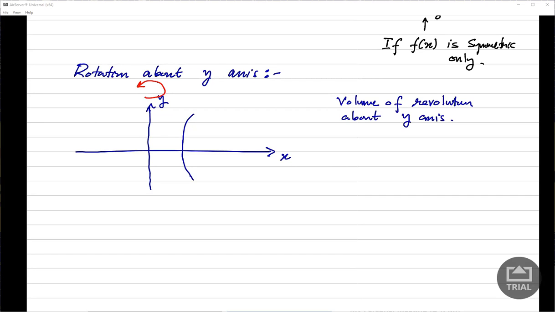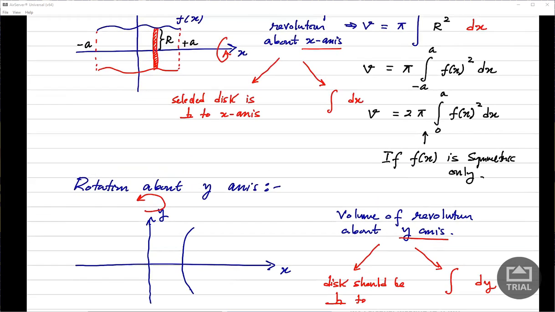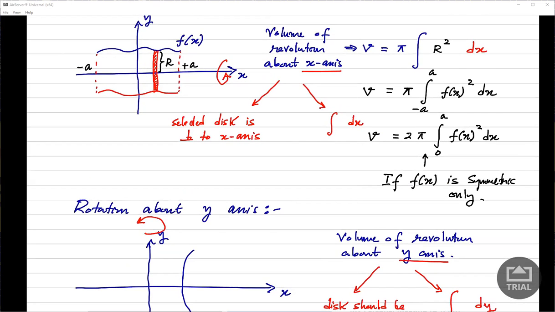Once you have this, pay attention here: y-axis. If it is the y-axis, your knowledge goes to two different places. One thing is that this is with respect to dy. The other thing is the disk should be perpendicular to y; before, the disk was perpendicular to x.